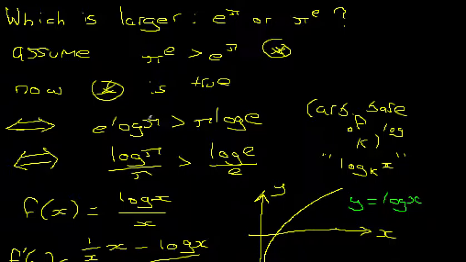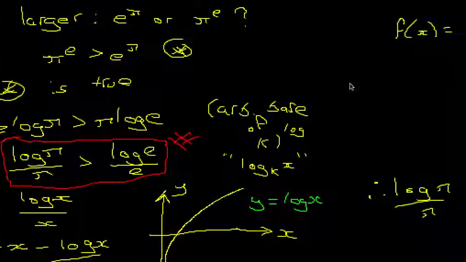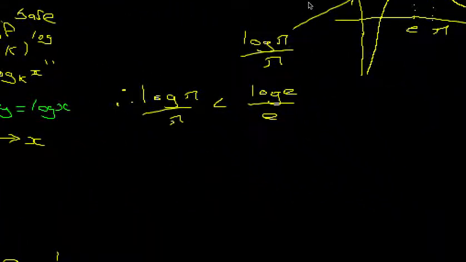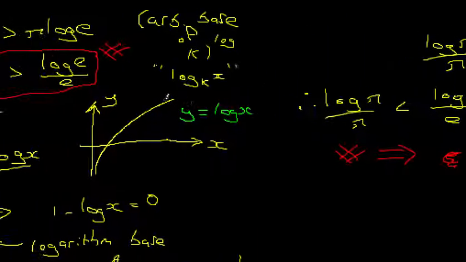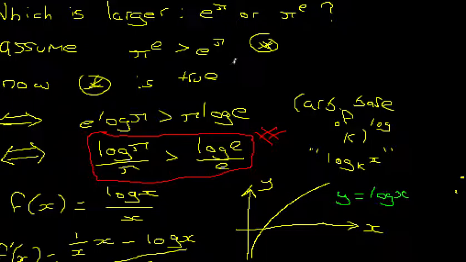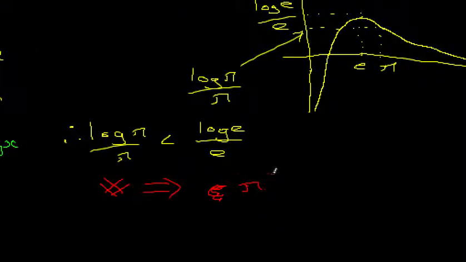This statement that we derived from our assumption is false. So this means contradiction. Contradiction implies our assumption must have been false, i.e. we assumed that pi to the e is greater than e to the pi. So pi to the e is not greater than e to the pi.